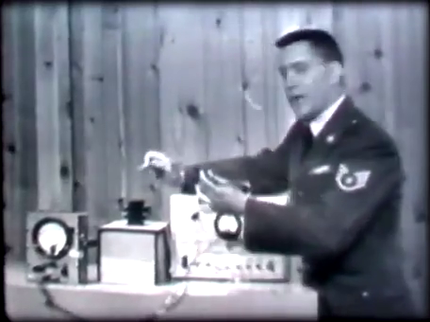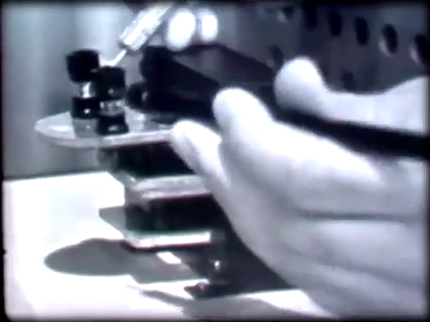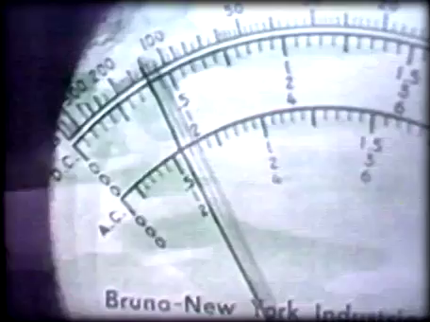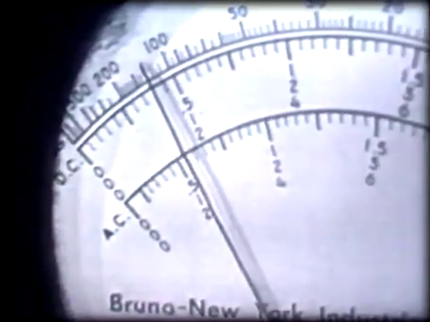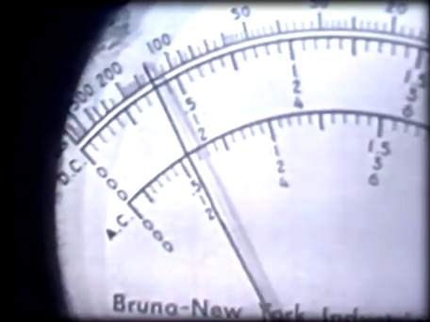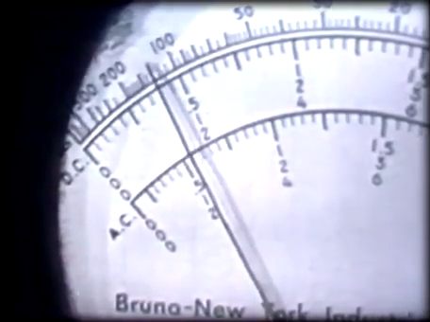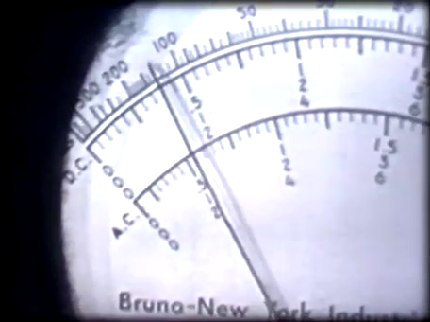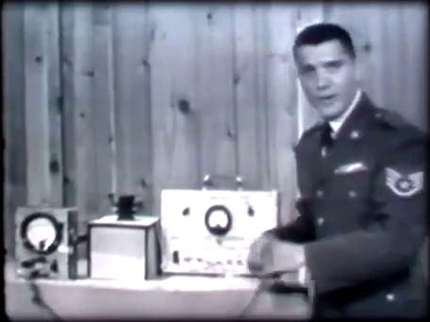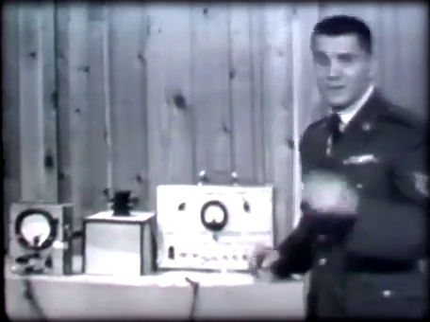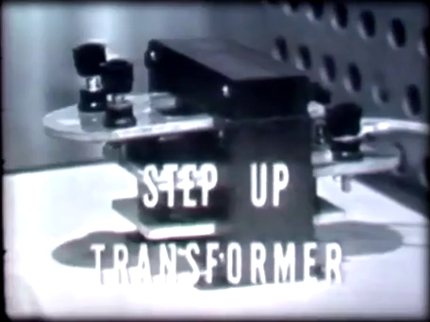So, let's see how much voltage is available at the secondary. If we take a look at the AC scale now, it'll be the middle row of numbers. You can see it indicates 11 volts are available at the secondary. Now, since this is greater than the 6.3 volts applied to the primary, this readily tells us that this transformer is a step-up transformer.